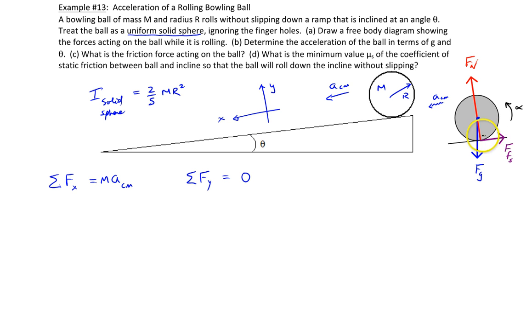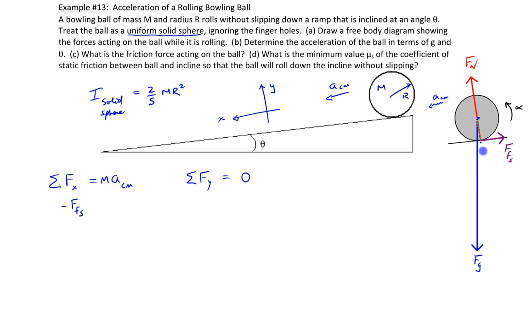Well, you can see that there's a force of friction that is going in the opposite direction of the acceleration down the ramp. And there's a component of this force of gravity. Let's make the force of gravity a little bit bigger so that, realistically, the x component of gravity is bigger than the force of friction here. So we need to break up this force of gravity into two components.